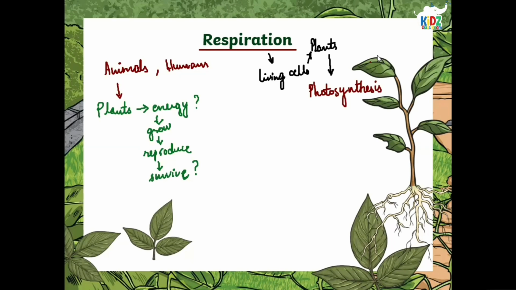And in respiration, plants use oxygen. As we learned, plants produce glucose, which is a type of sugar, during photosynthesis.